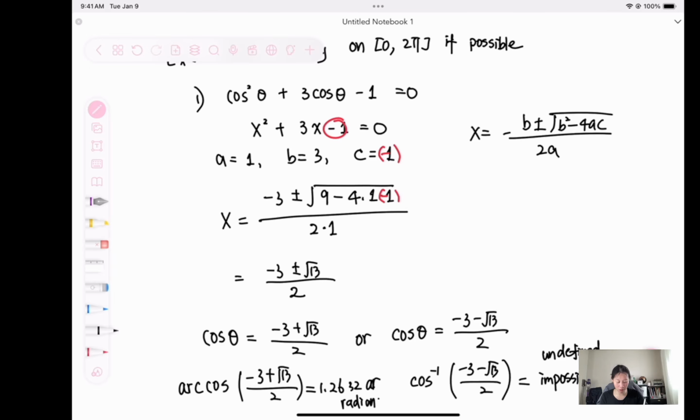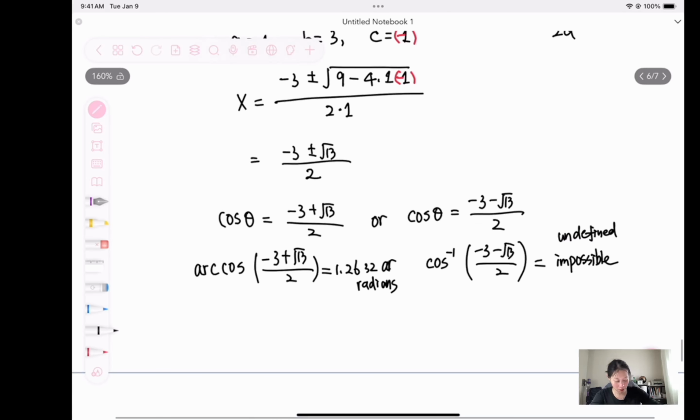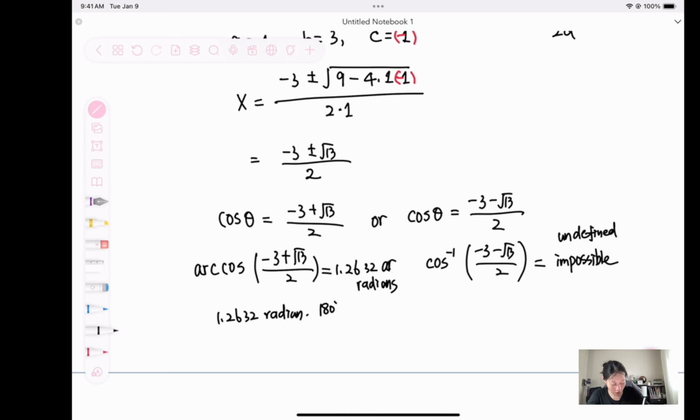This is not in degrees. If you want to convert this to degrees, that means you need to use 1.2632 radians times 180 degrees over pi, or 360 degrees over 2 pi, either way. So you can convert this to degrees.